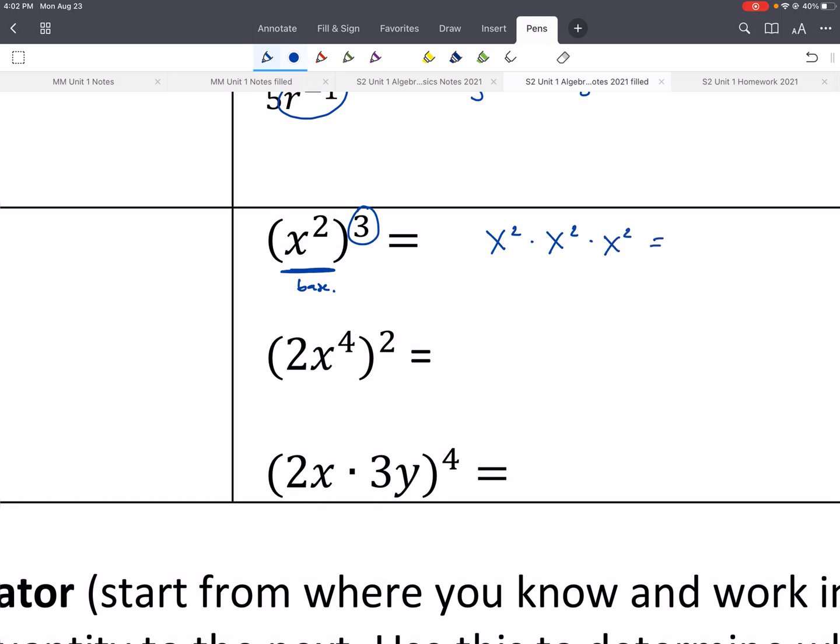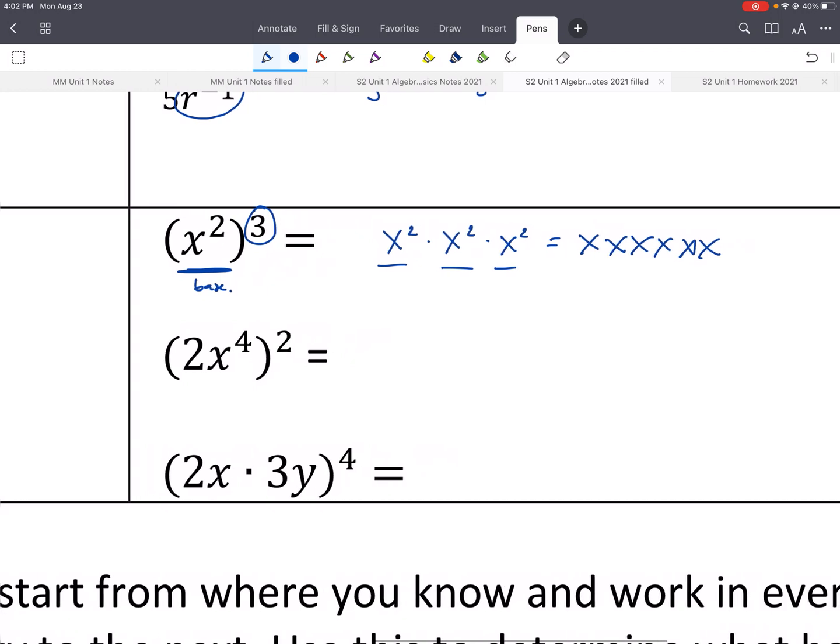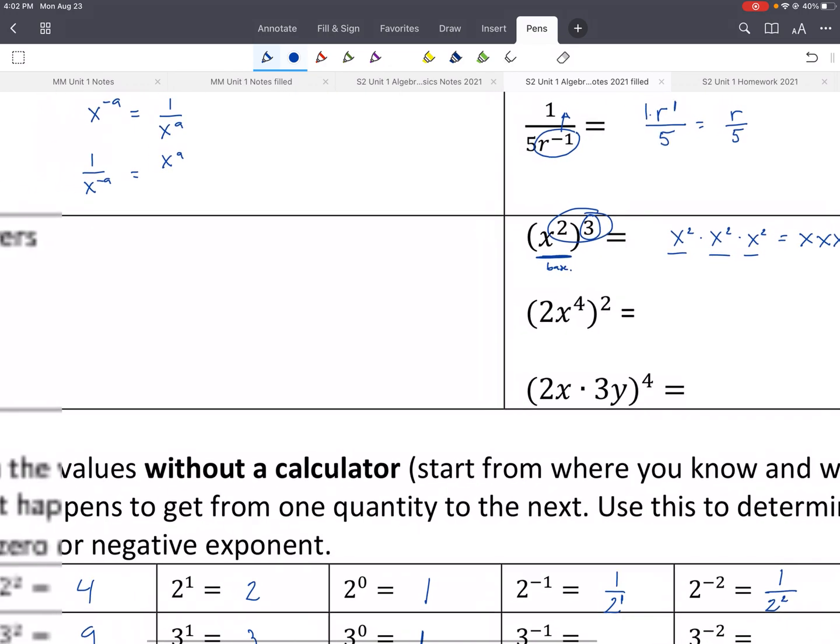And if we wanted to, we could even expand each of these x squared. So that would give us x times x times x times x times x times x. So how many x's do we have? Well, we have 6. So that would be x to the 6th. So what's the relationship? What do we need to do to 2 and 3 to give us 6? Well, we just multiply them. Okay? So let's write that down.